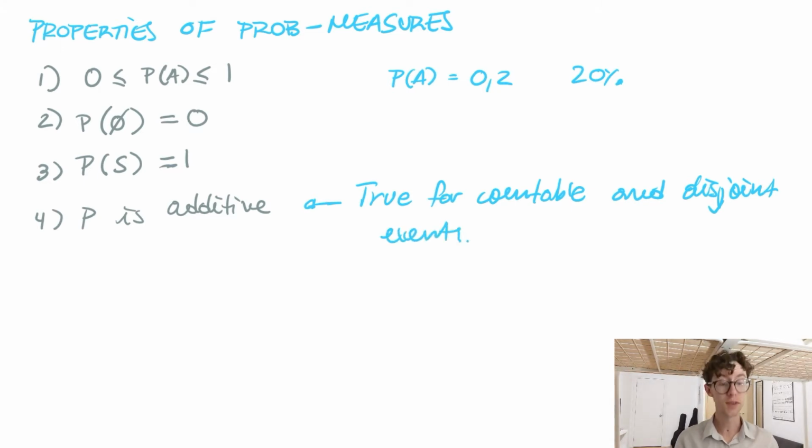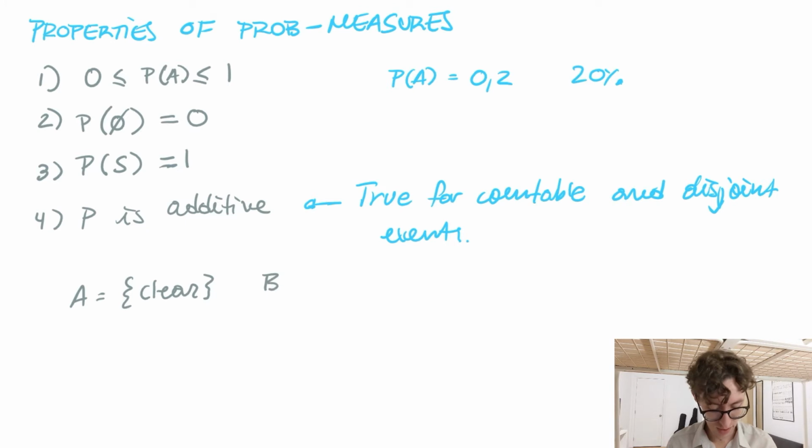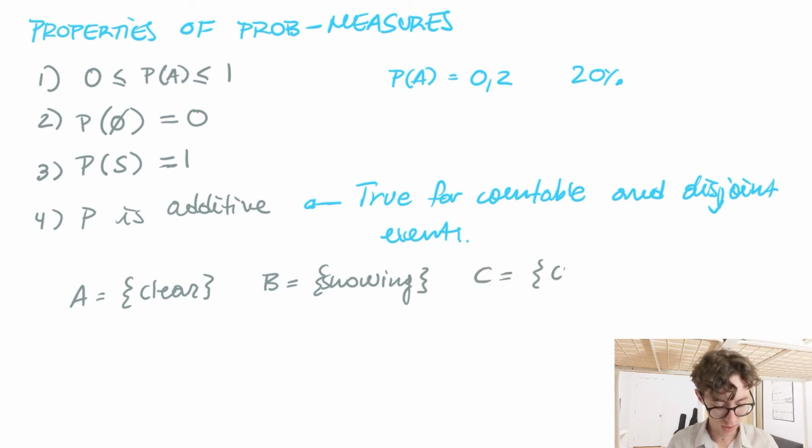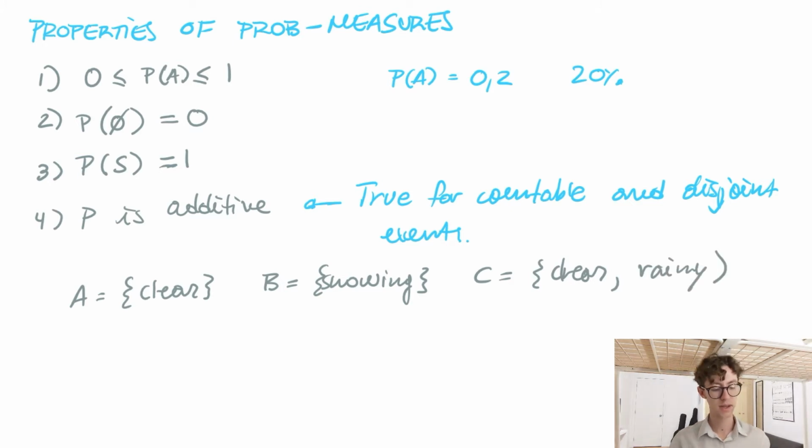Okay, so let's look, for example, if I have A equal to being clear and B equal to being snowing, now C is equal to being clear or rainy, right? This should be a curly bracket. In here, I have three events.